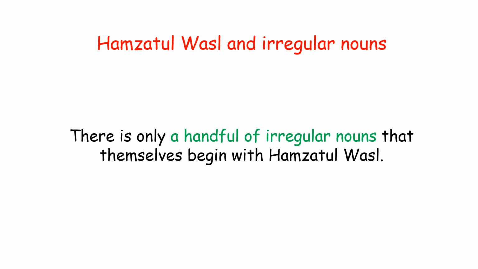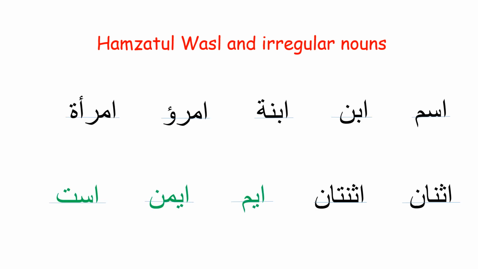So all you will have to do is to memorize them. Now, before providing you with the exhaustive list of these nouns, please let me highlight the fact that we are no longer talking about the definite article. We have completely finished that part. It's important to keep that in mind to avoid confusion.